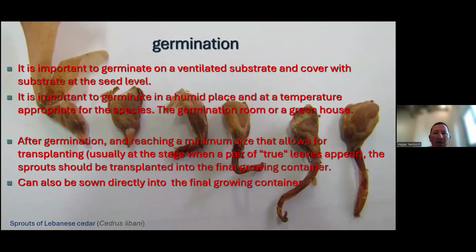Let's continue, really quickly, about germination. When we bring the seeds to the nursery, they're germinated in humid areas, sometimes in germination boxes, and sometimes straight in the final container. It depends on the species.